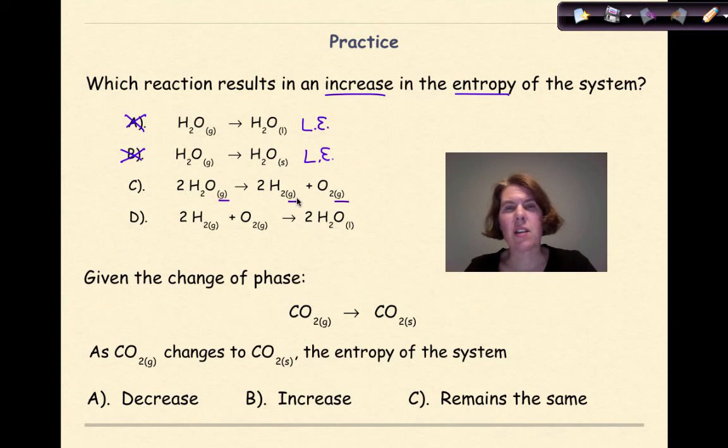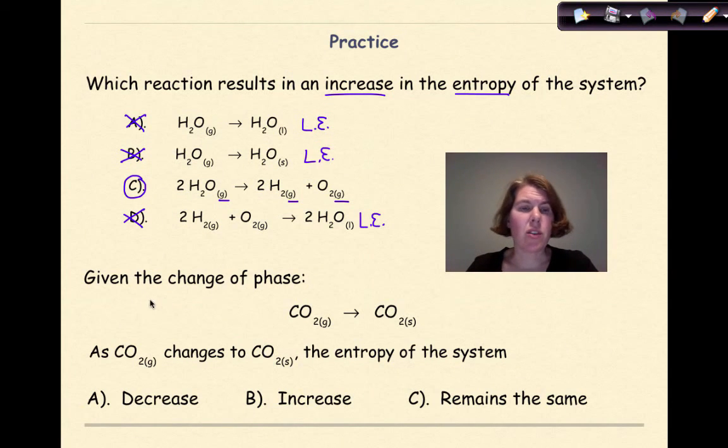So we're increasing the different types of arrangements that we can have. Let's consider C as a distinct possibility, but let's go on and look at D. 2 moles of hydrogen, 1 mole of oxygen forming 2 moles of liquid water. Again, we're definitely having a decrease in entropy, so less entropy, more organized. C is definitely the correct answer here.